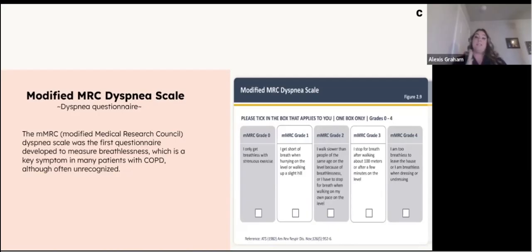Grade 3: I stop for a breath after walking 100 meters or after a few minutes. And grade 4 would be: I am too breathless to leave the house, or I'm breathless when undressing or dressing. So these are just basically levels up in how breathless you can be, and you check it, and this helps aid in your diagnosis.